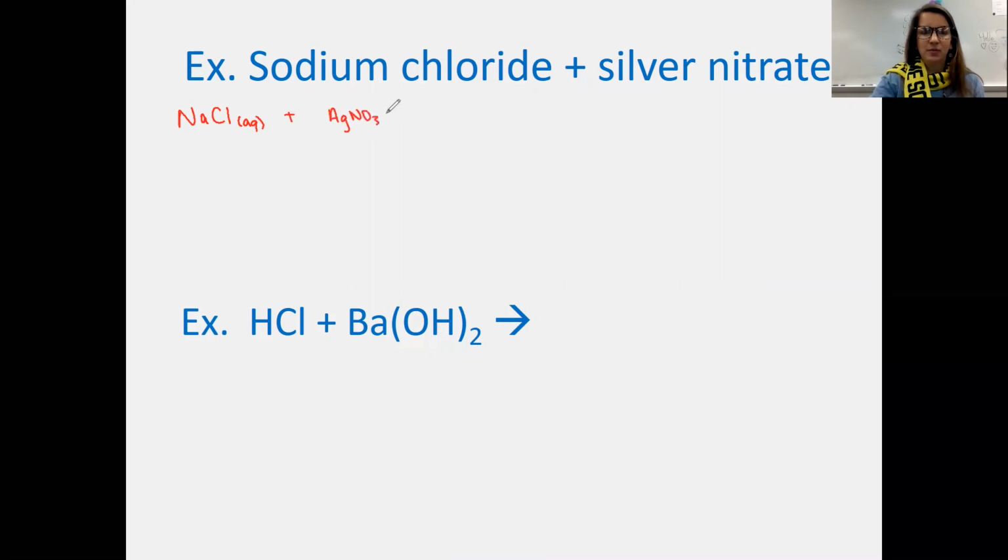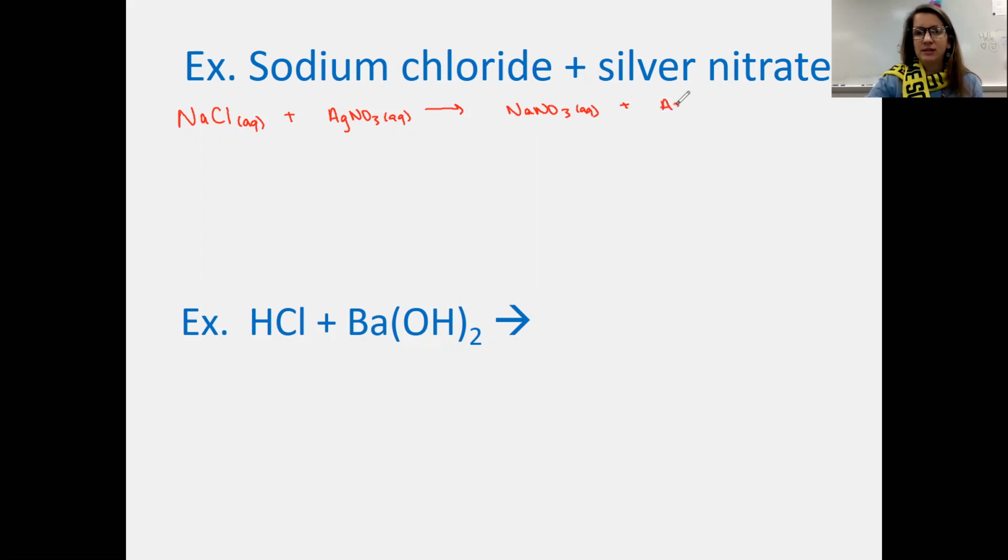Remember, we're dropping and swapping to write our actual good ionic formulas. What we talked about in the predicting products video is we do outsides with outsides, insides with insides. So we're going to have NaNO3 as one of our products, and that's going to be aqueous because alkali metals and nitrates are always soluble in water, plus silver chloride.